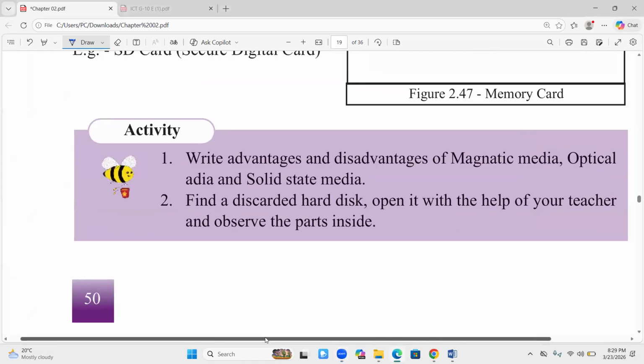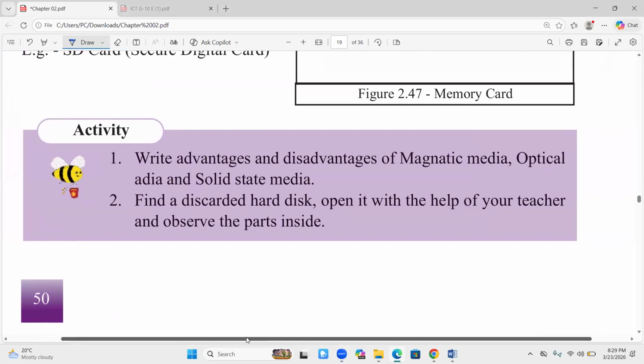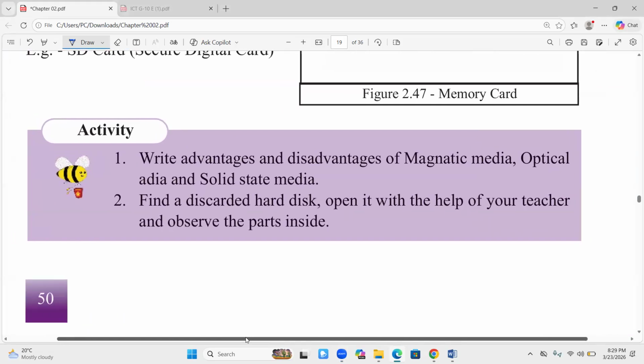You have to write the advantages and disadvantages for all three storage devices. And the second question: find the discarded hard disk, open it with the help of your teacher, and observe the parts inside. That is a practical work, but you can write the first question.